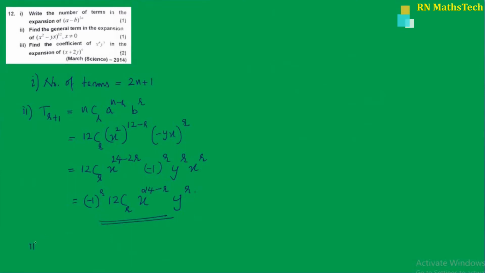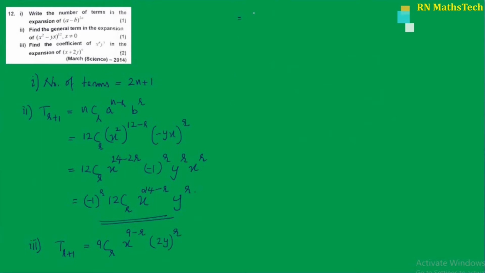Now the third one. Find the coefficient of x raised to 6 y cube in the expansion of x plus 2y the whole raised to 9. Okay, so the (r plus 1)th term Tr plus 1 is 9cr x raised to 9 minus r into 2y raised to r.